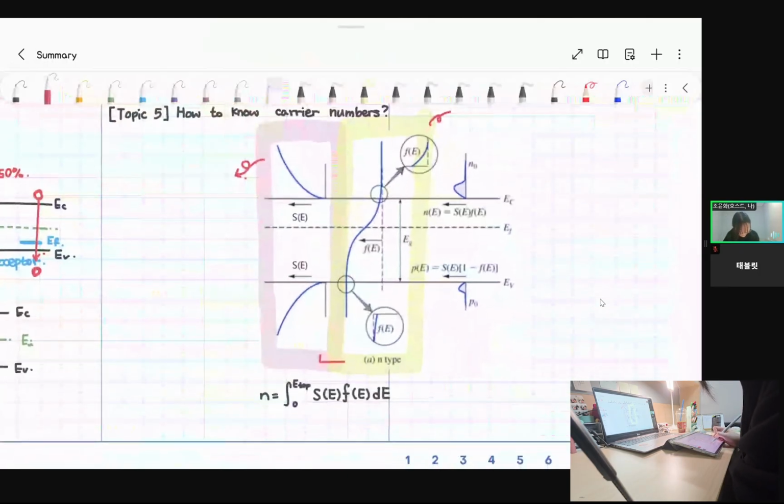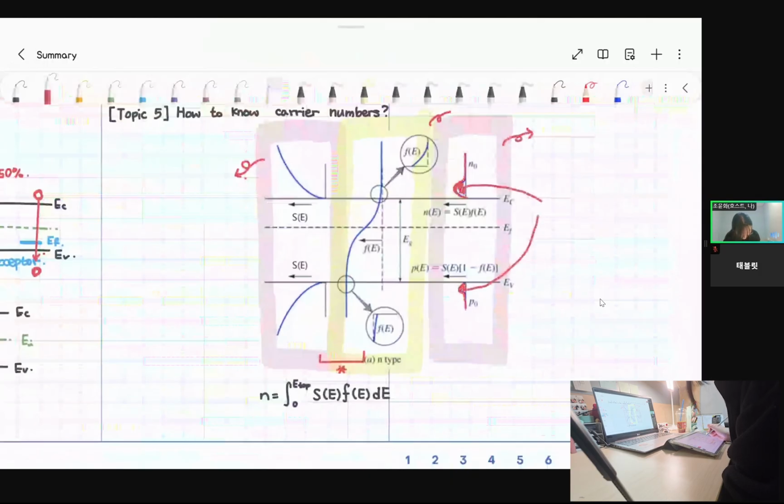By multiplying these two functions, we can get this graph. So by calculating this area, we can know the carrier numbers.